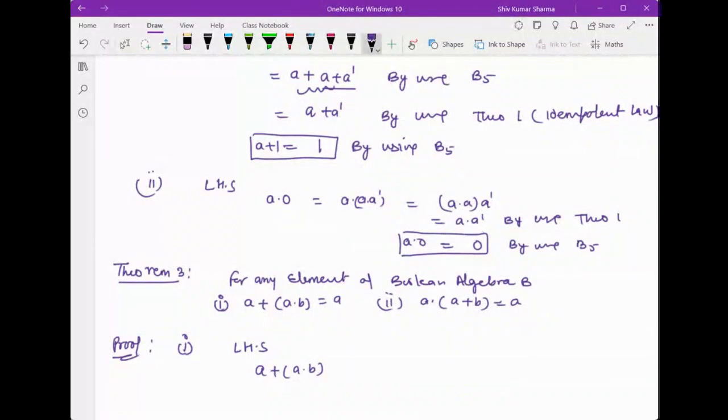Here we use B4. So this step we can write as a into 1 plus a into b. This a into b we write as it is, but this a we can write as a into 1.